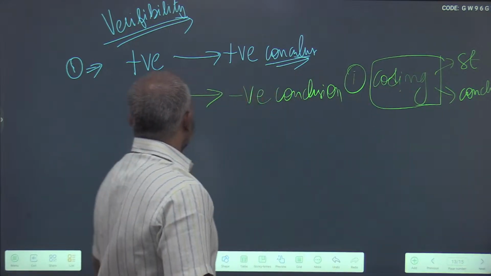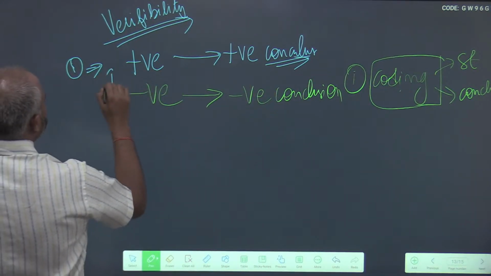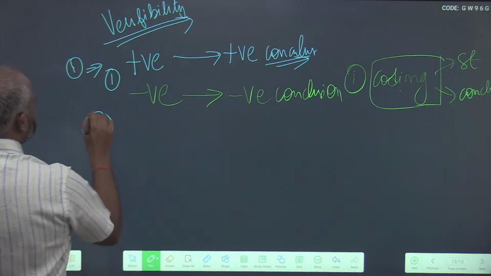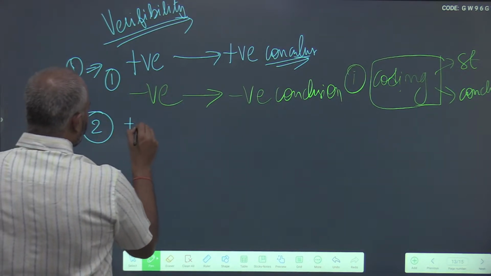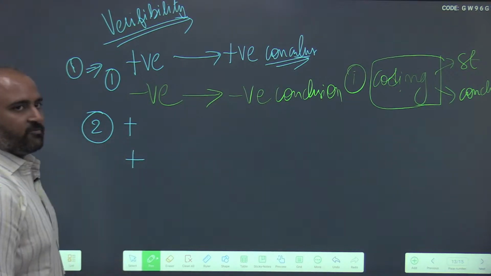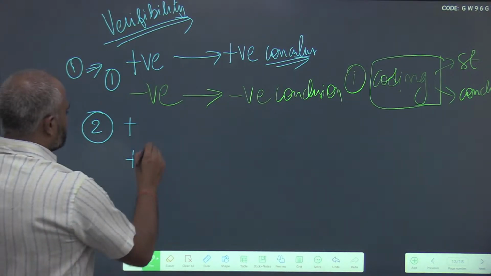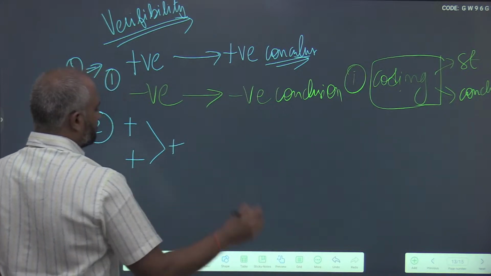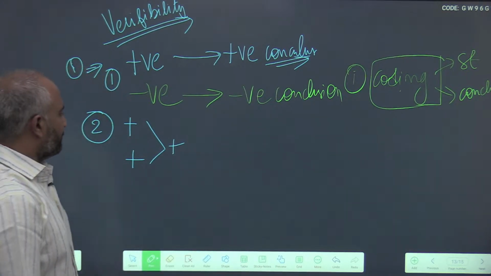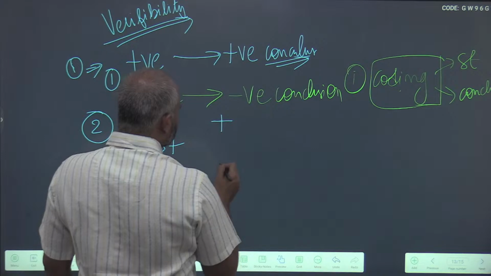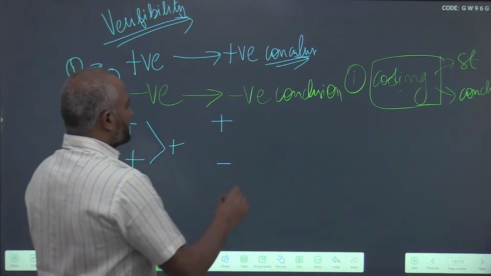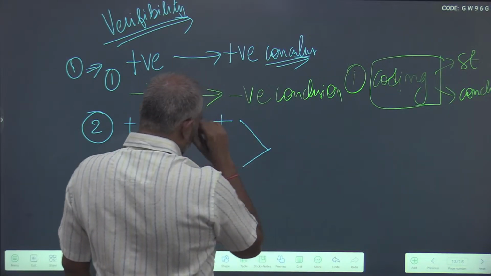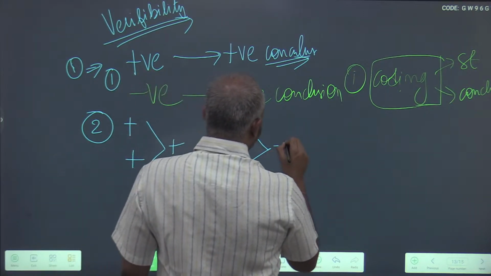Simple enough. So, if this is one statement, what if there are two statements? If both the statements are positive, the conclusion is positive. Simple enough. If one statement is positive and another is negative, the conclusion is negative.